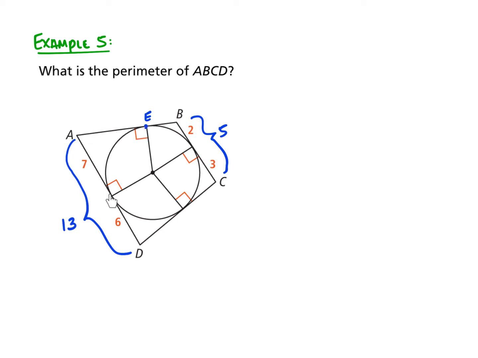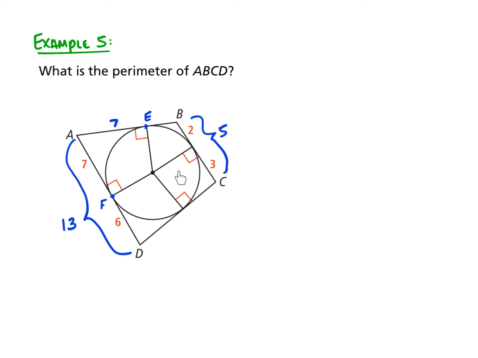And then I have this point right here, let's call that point F. So segment AF is also perpendicular to a radius, and so segment AF is also a tangent. So I have these two tangent segments coming out from A, one going to E, one going to F. These two segments would have to be congruent. If this one's 7, this one over here would also need to be 7.